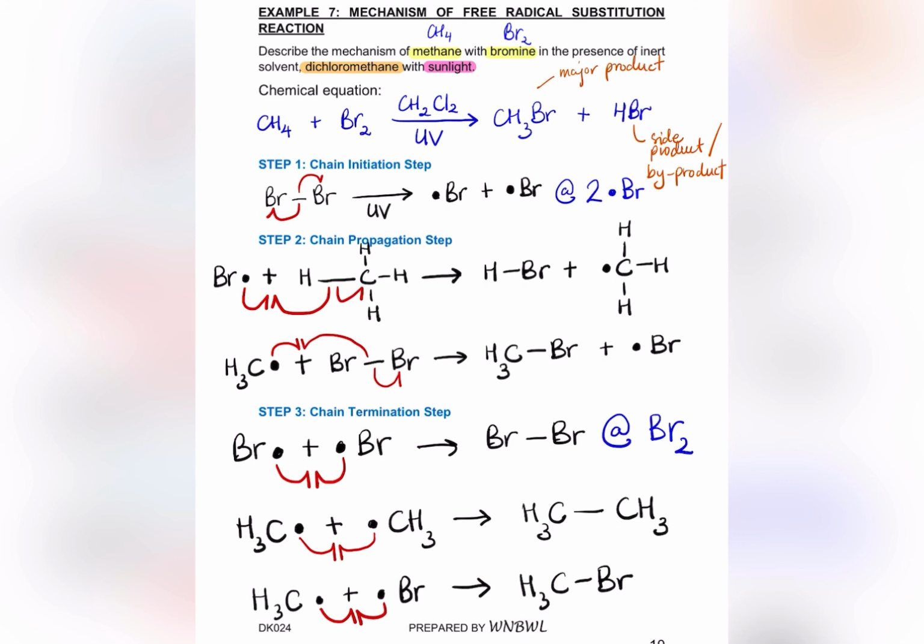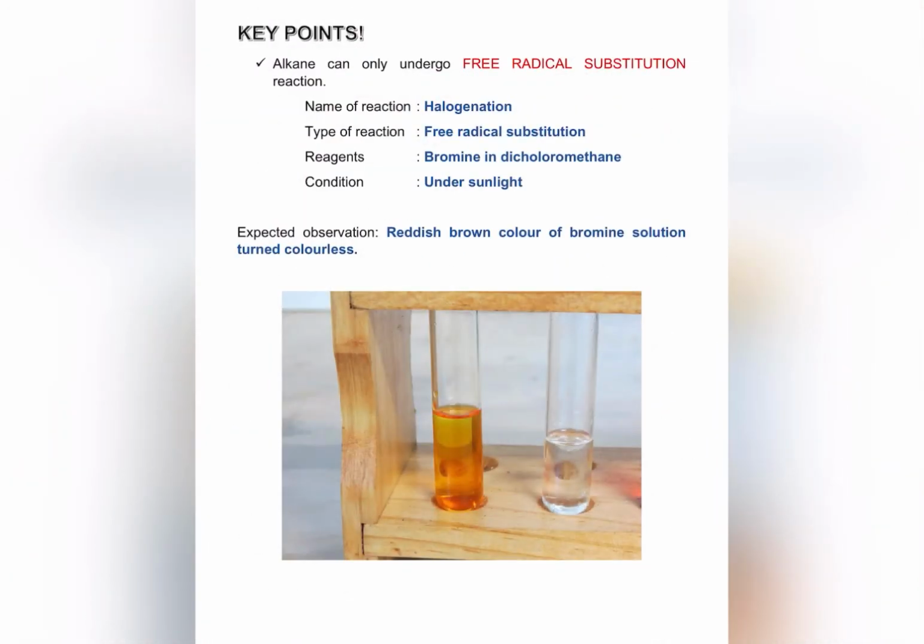I hope all of you can understand this reaction where you form free radicals through a substitution reaction, where you replace one hydrogen atom from alkane with one halogen atom from a halogen molecule. There are a few key points that you need to understand. Alkane can only undergo free radical substitution reaction.